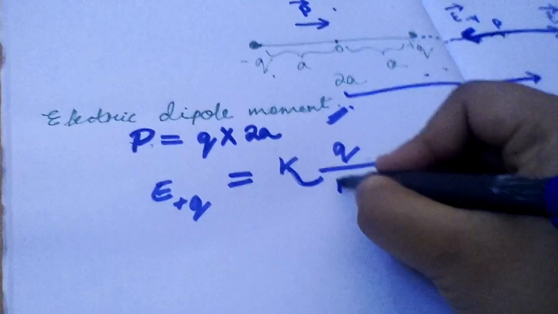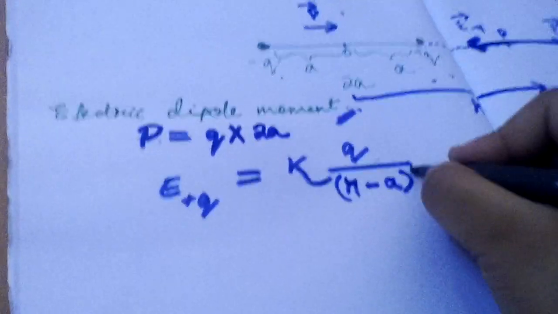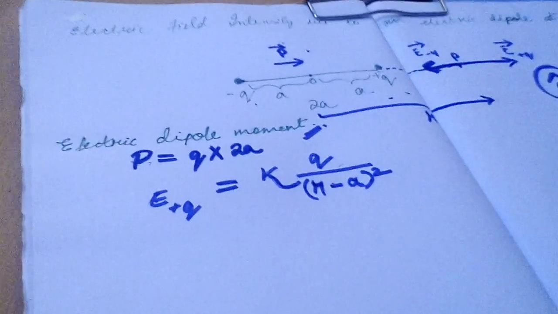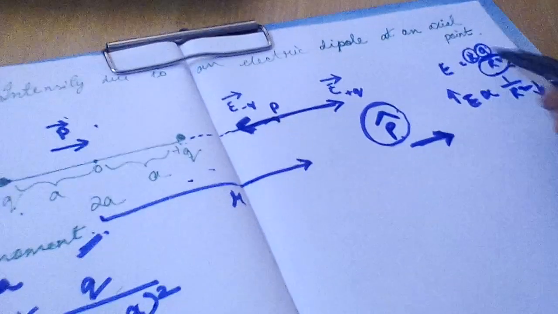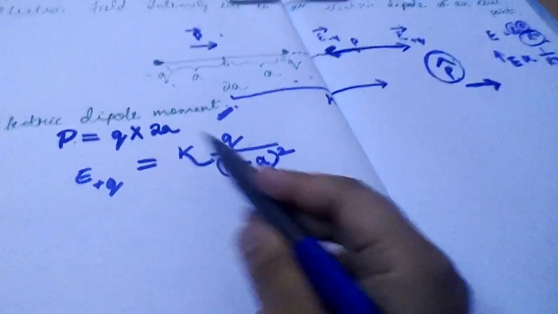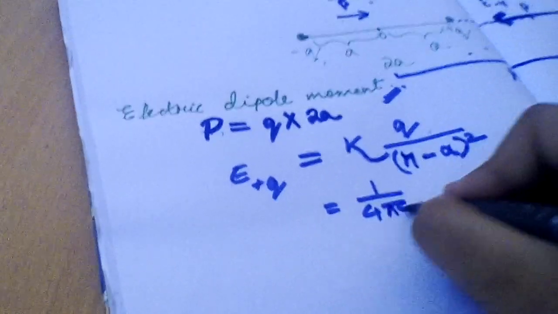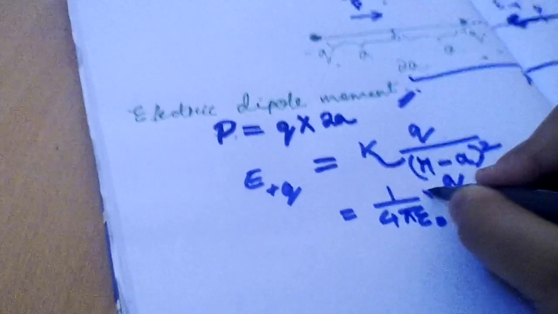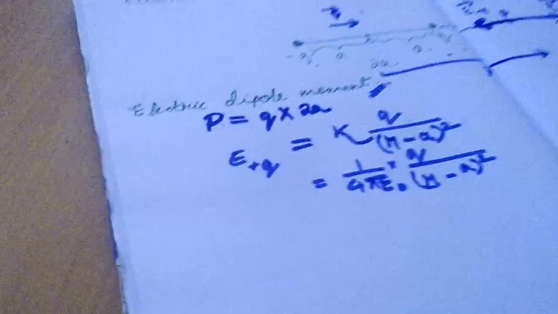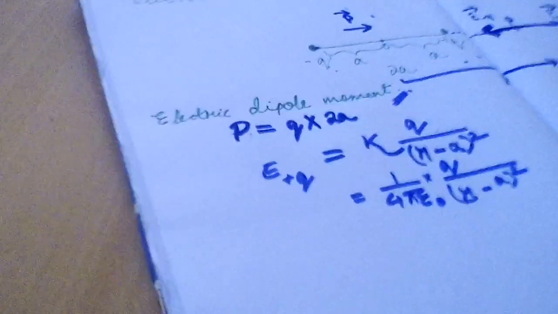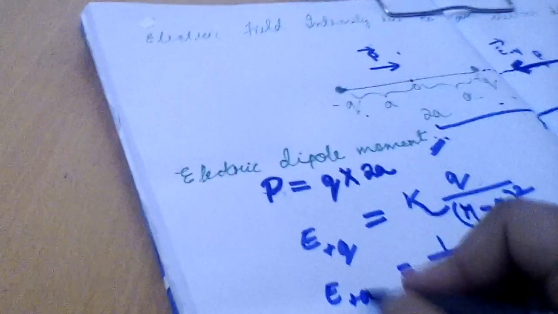So it is r minus a whole square. Why whole square? Because of the inverse square law, r whole square, this is small r minus a whole square. Now substitute the value of k, 1 by 4 pi epsilon naught, q the magnitude of charge, over r minus a whole square.